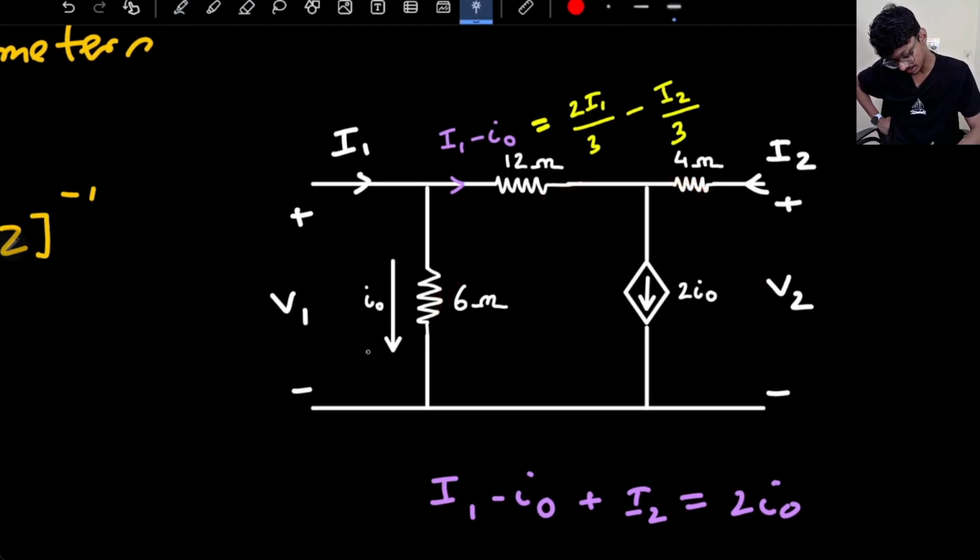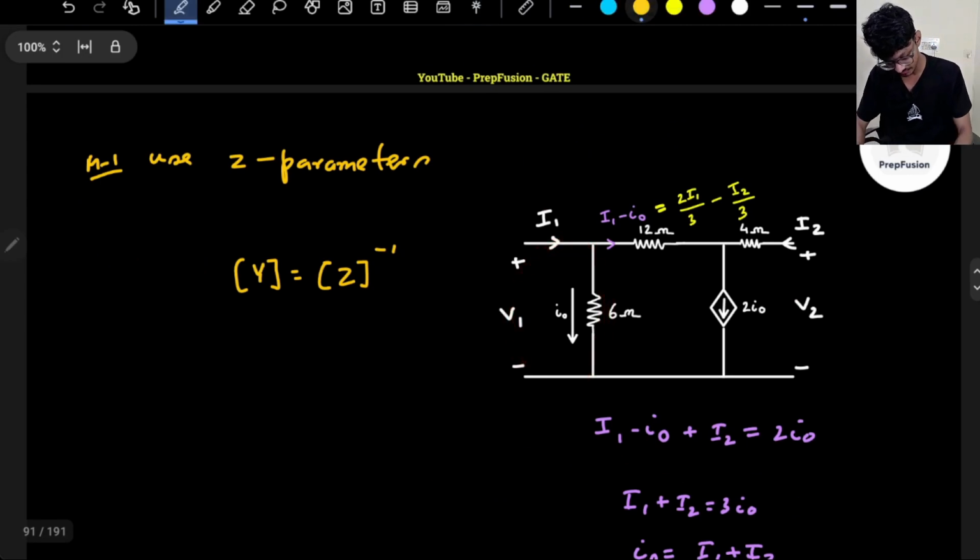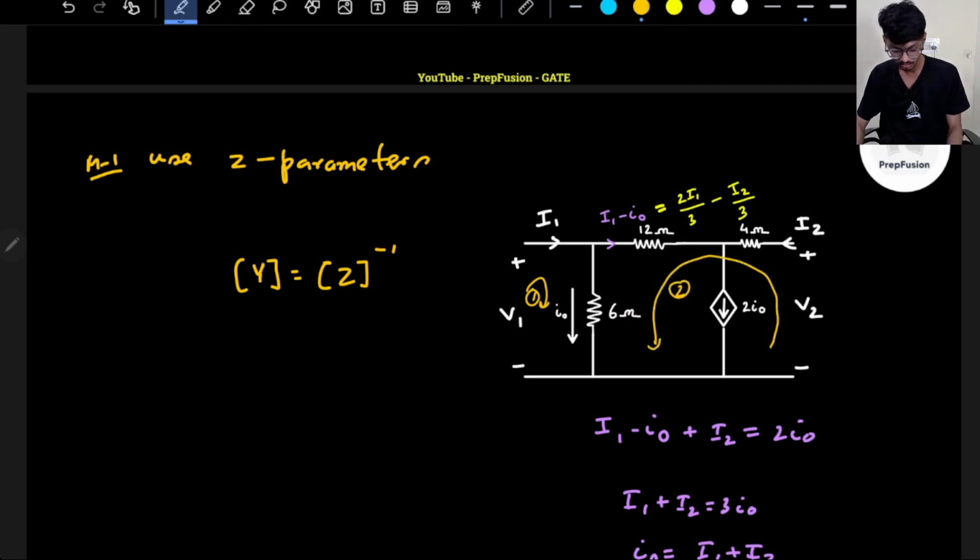So I will simply apply the KVL here and here. Okay. So if I apply this KVL, this will be my first KVL and this will be my second KVL basically. Okay.